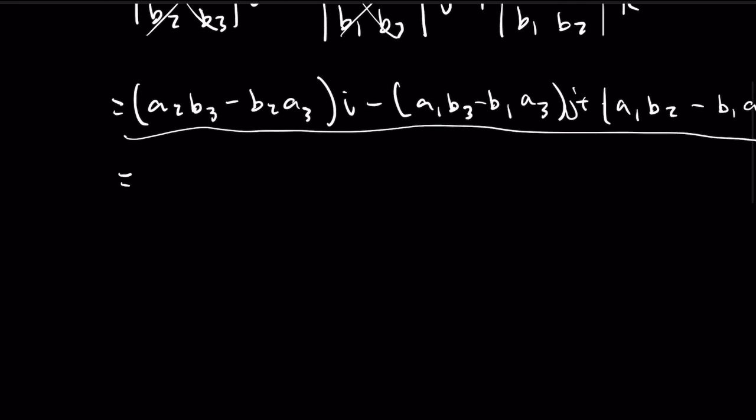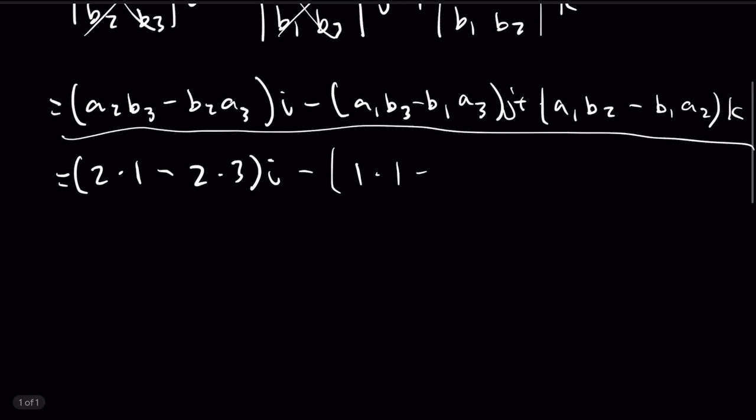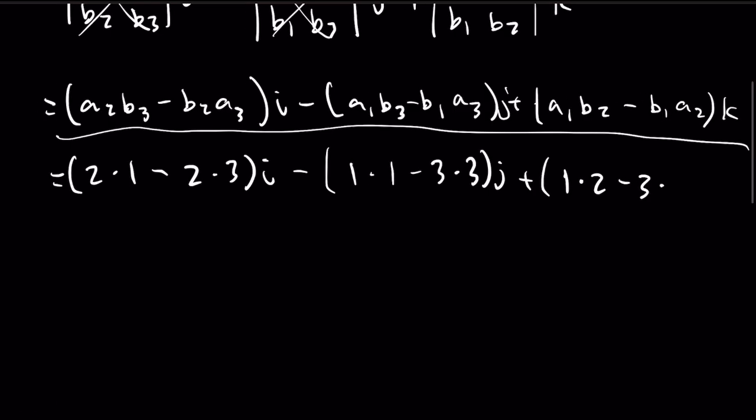And now this is going to give us a2, which is 2 times b3, which is 1, minus 2 times 3, i, minus 1 times 1 minus 3 times 3, j, plus 1 times 2 minus 3 times 2, k.